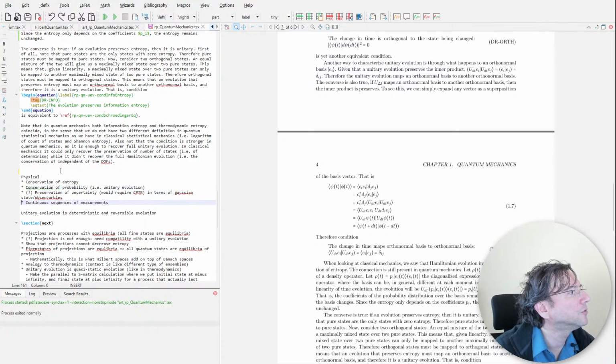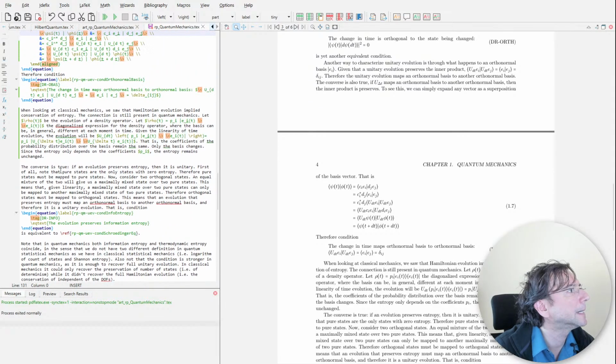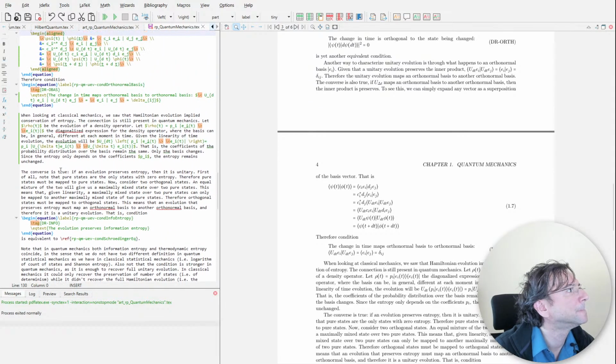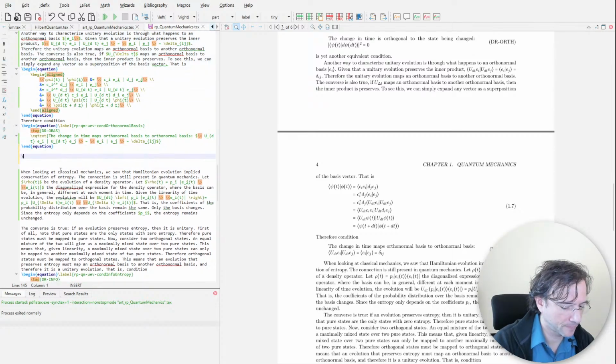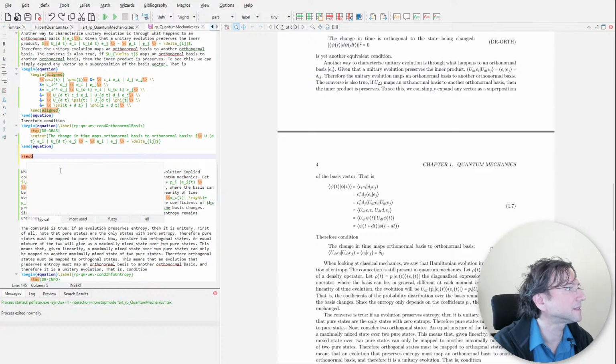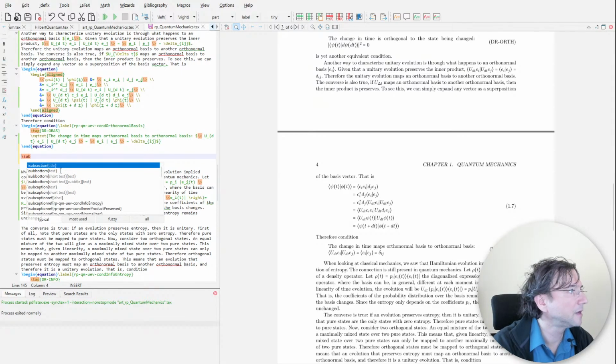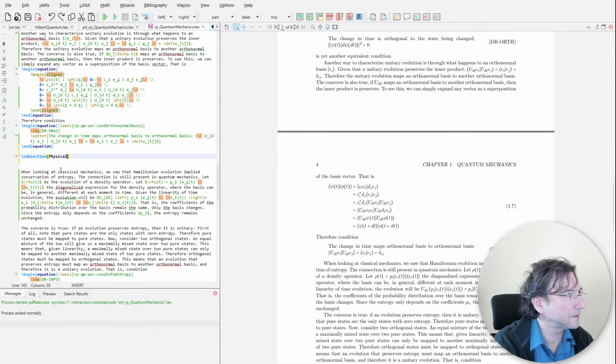Okay, we can do the continuous sequences of measurement. Let's put it before here, and say, let's start a section, physical. Now I know what I meant.